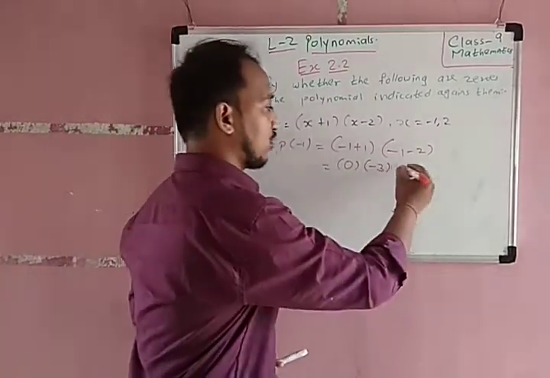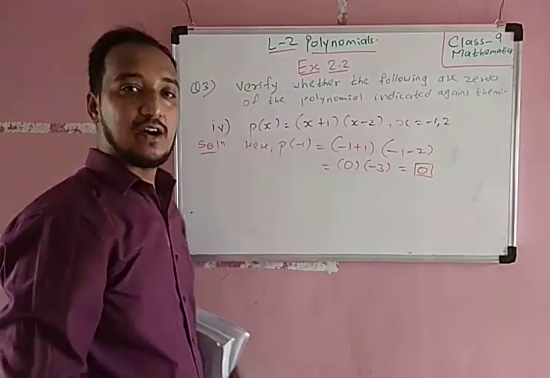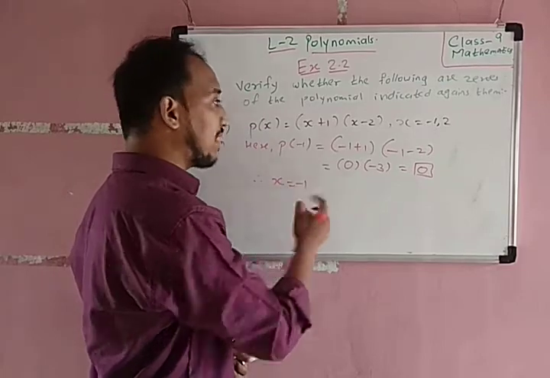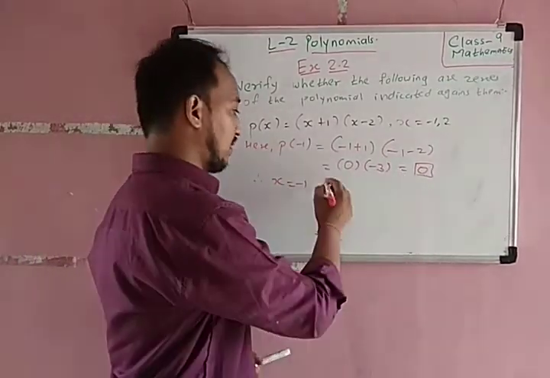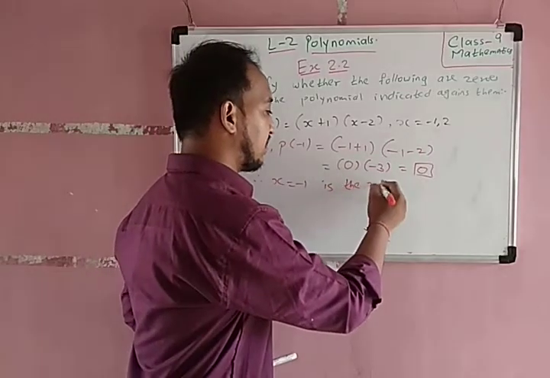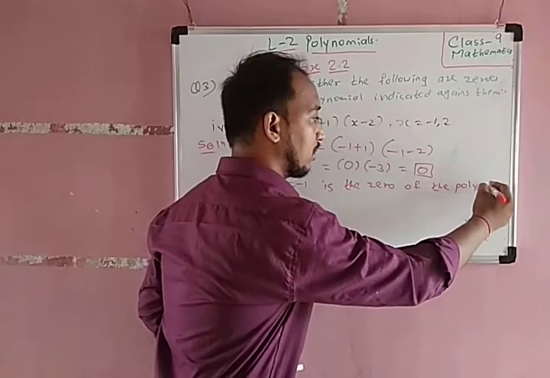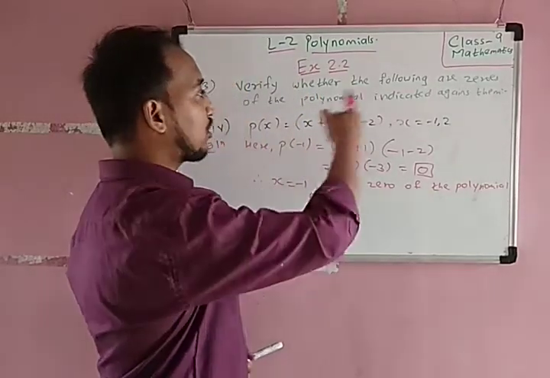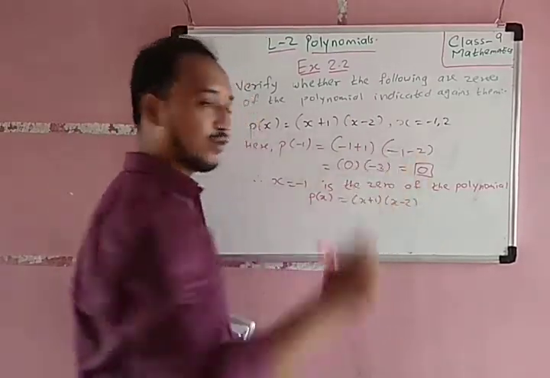So this is nothing but 0. 0 into minus 3 will be 0. Therefore x equals minus 1, the answer is 0, which means this point is a zero of the polynomial. Which polynomial? p of x equals x plus 1 into x minus 2.